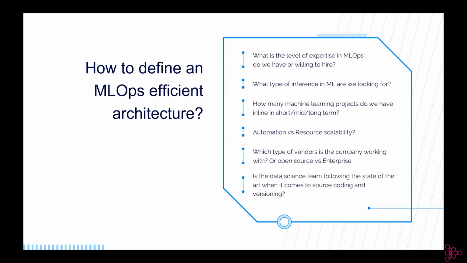And that's the last point, but not the least important: is the data science team following the state of the art when it comes to source code and versioning? A lot of the time we spend in MLOps is spent refactoring data scientist code, making it ready for production. Sometimes data scientists develop something completely out of the box, uncommon and unusual, that is not suitable for production.